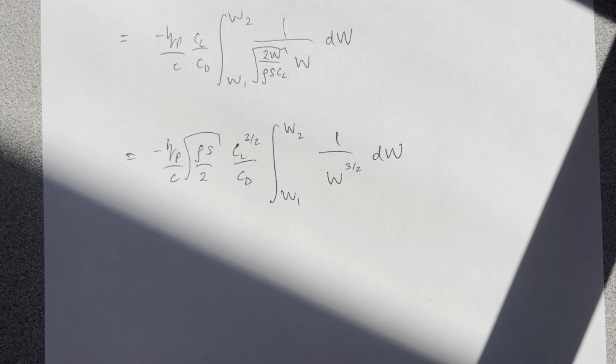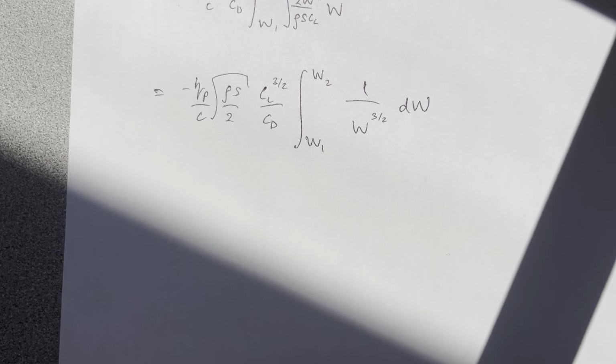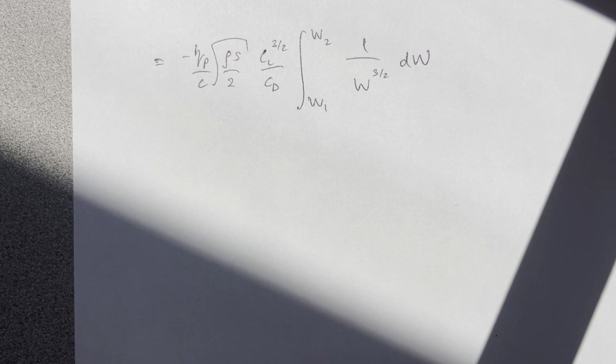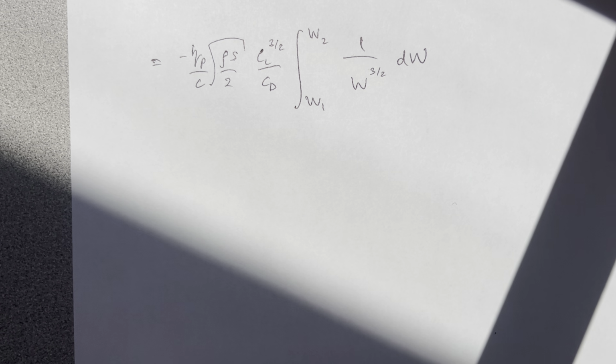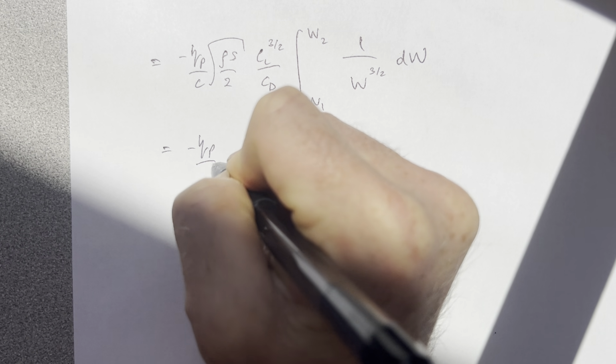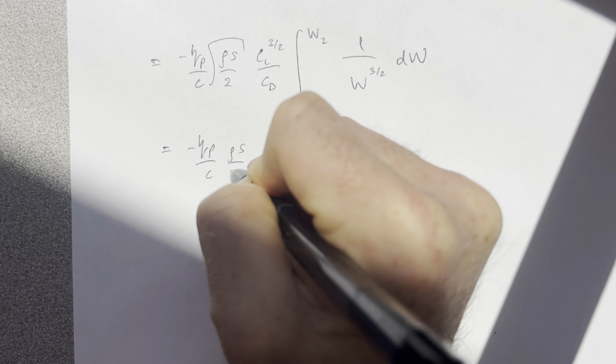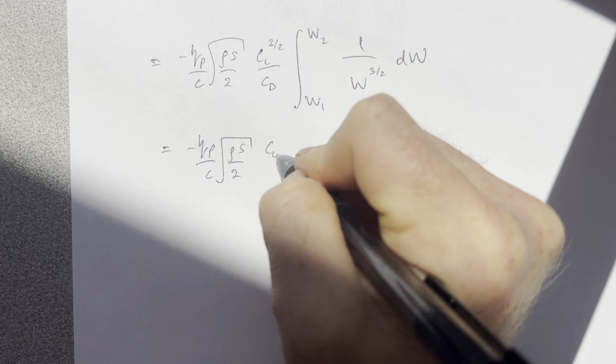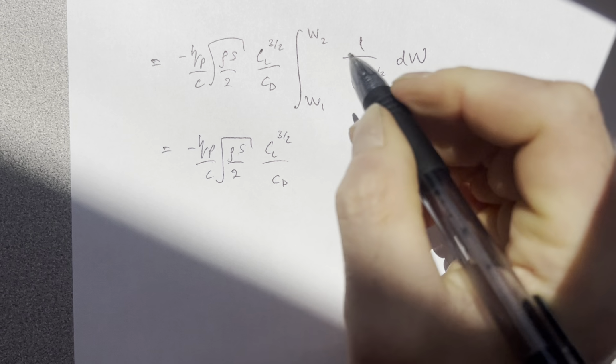And then finally, I think I'm in a position now where I can just go ahead and directly integrate this equation. So let's see what I'm going to get. Eta p over c, rho S over 2 square rooted, CL to the 3/2 over CD.